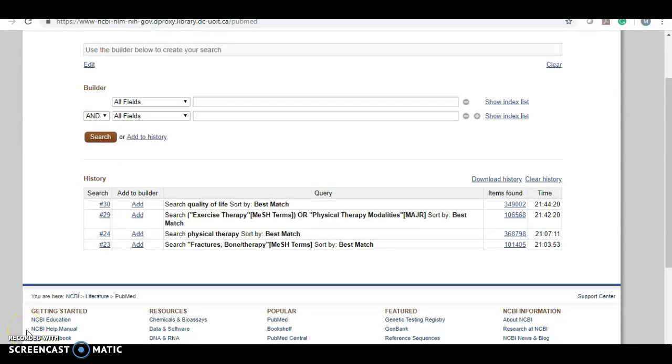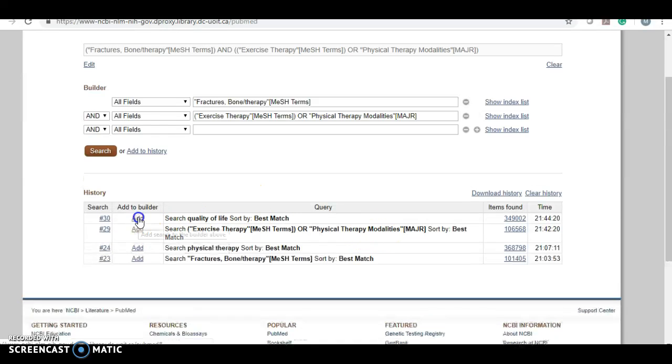For the final part, to get the answers to the clinical question, you just need to add the three parts of the PICO statement in the order that they're supposed to be in. So, in a patient with bone fractures, does the use of exercise therapy or physical therapy modalities improve the quality of life?